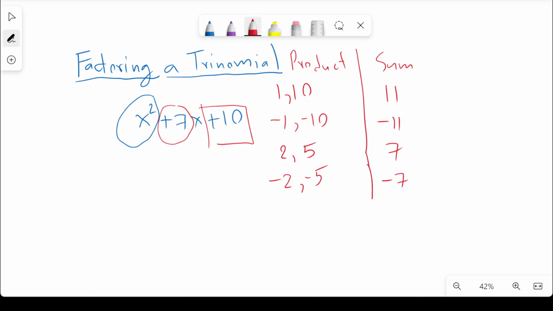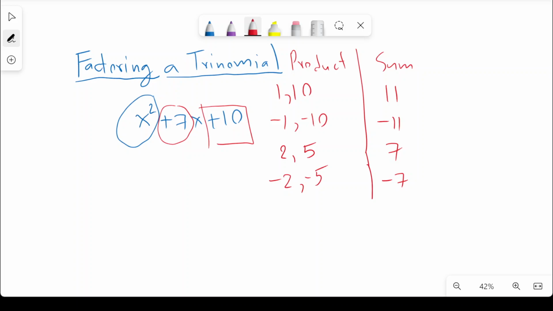Now, like I said earlier, we first find all pairs of integers whose product is 10. And the second step is we add them together, or find the sum of the two numbers for each pair.